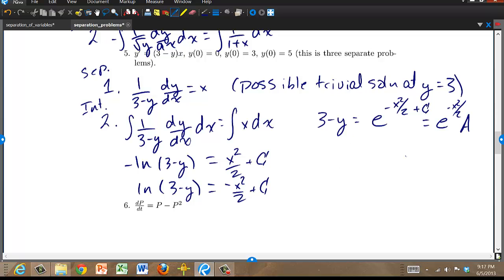So then we should go ahead and solve for y, and we get y equals negative a e to the negative x squared over 2 plus 3. And then we should solve the initial value problem after that.